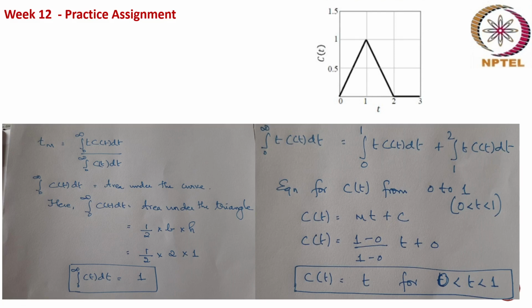The intercept c is equal to 0 and the slope is (y2 minus y1) by (x2 minus x1), so 1 minus 0 by 1 minus 0, which is 1. So you end up with C of t equal to t for the region 0 less than t less than 1.